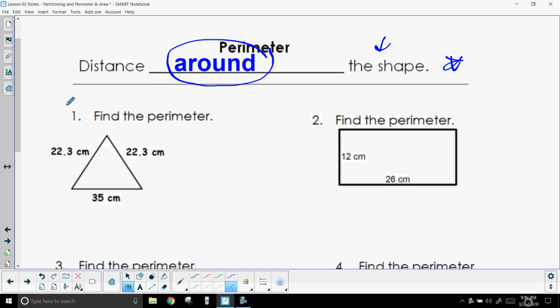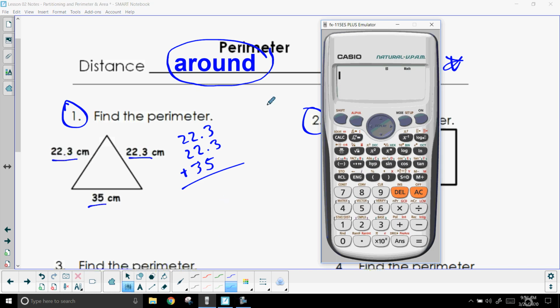But go ahead, pause the video, and try to solve 1 and 2. Okay, we're back. Simply add all of these sides up, because that would be the perimeter. I would use my handy dandy calculator.